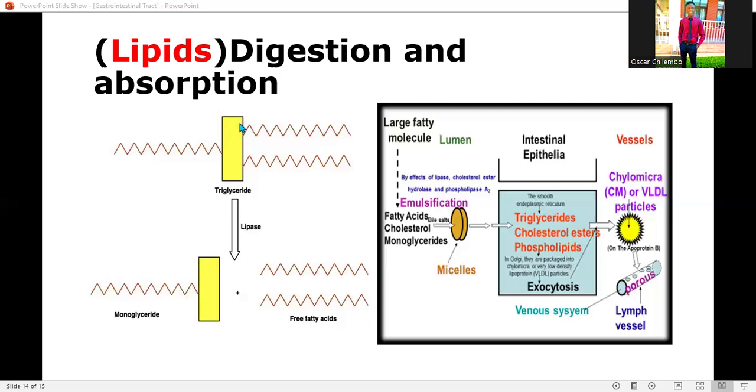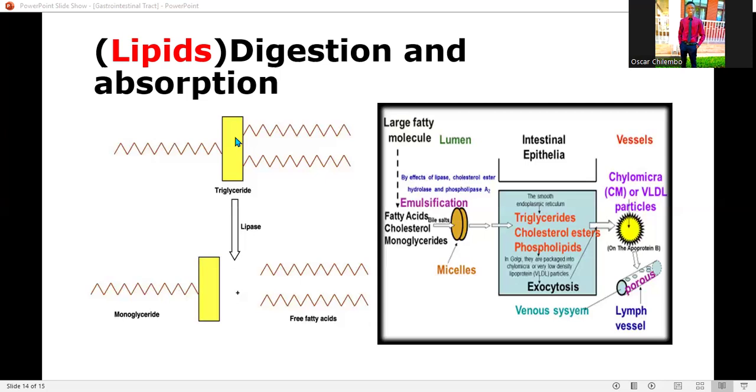What really happens is it's like having cooking oil on your hands and then trying to clean your hands just with water, without anything. It's hard. So there comes in what we call bile salt. Bile salt is more like the soap we use to scrub our hands so that the dirt can be completely removed.